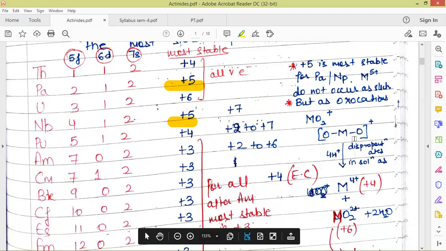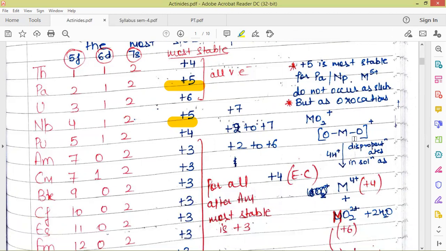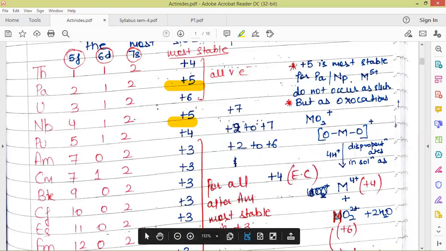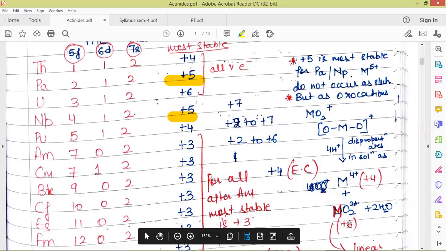It will disproportionate. What happens in disproportionation is that if the metal is in +5 oxidation state, it is going to split into +4 and +6 oxidation state species. So here M4 positive is forming, and another dipositive cation, that is MO2 2 positive, is forming, where the metal is in +6 oxidation state.